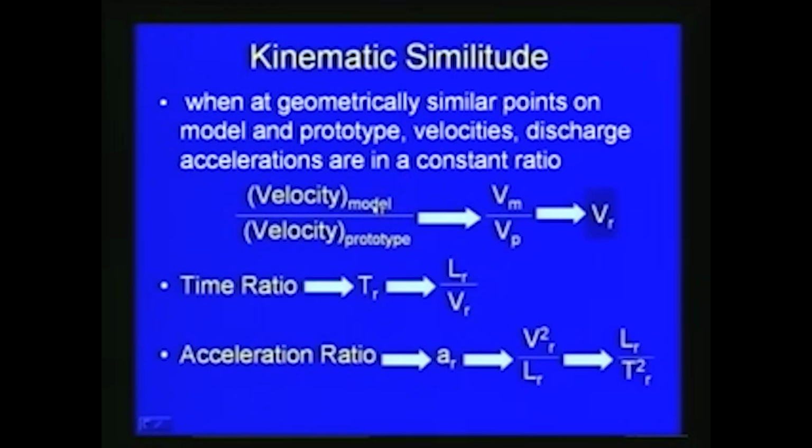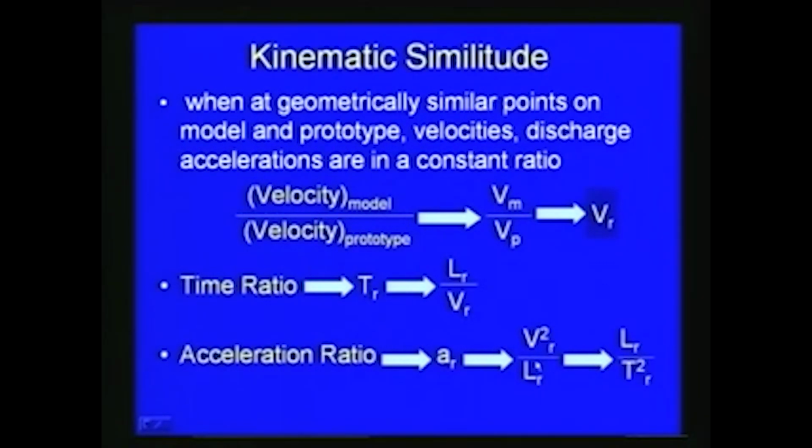So the velocity of the model divided by velocity of prototype, Vm by Vp, is the ratio Vr, and the time ratio is Lr by Vr. The dimension of V is meter per second and L is meter, so this comes as time. So the time ratio is generally represented as Lr by Vr.